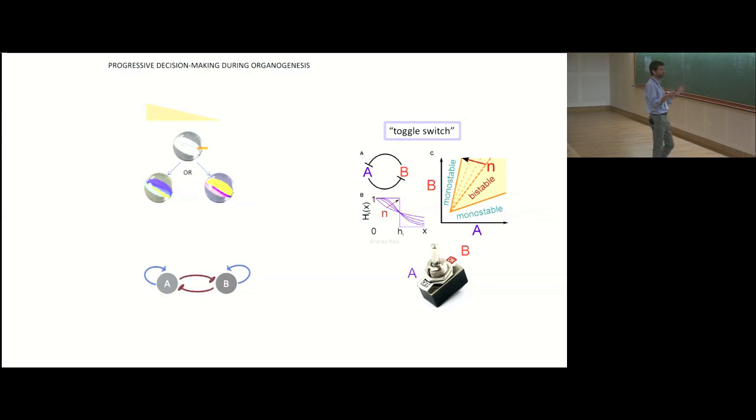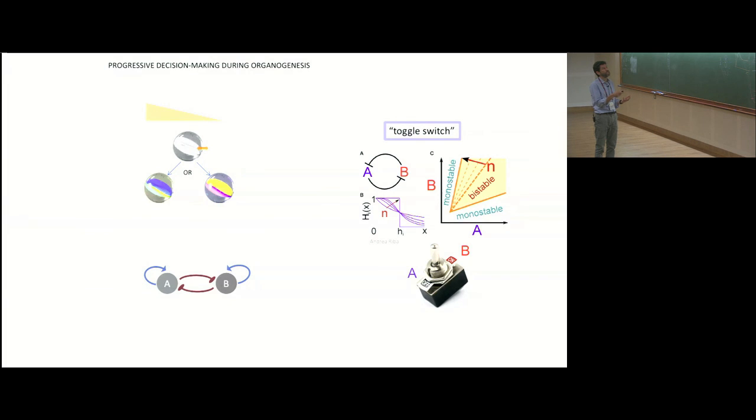But of course, when you want to distribute these two states, A and B, in space, usually what you do is, again, use signaling cues. So imagine that this cell might be either of these two states with some probability.